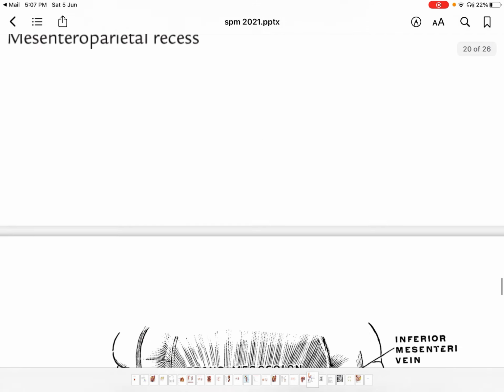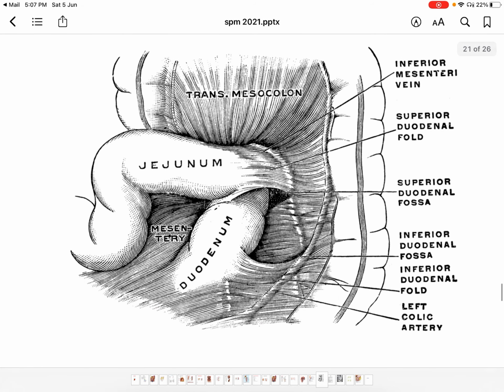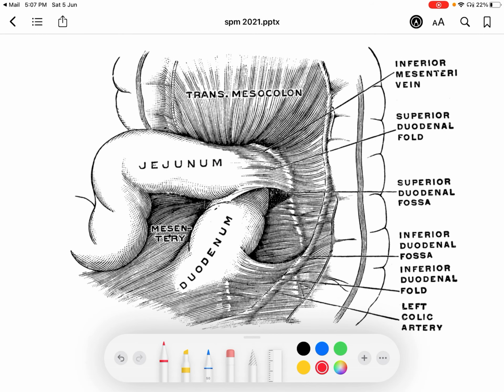In the next diagram, you can see the superior duodenal fold and the superior duodenal recess. At the flexure of the jejunum and duodenum, there is a recess. You can see the superior duodenal recess and this part showing the inferior duodenal recess. This is the inferior mesenteric vein.